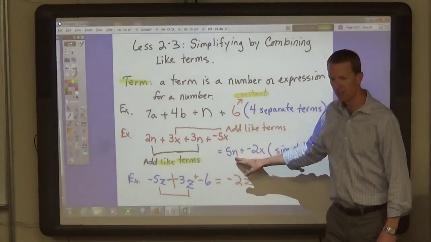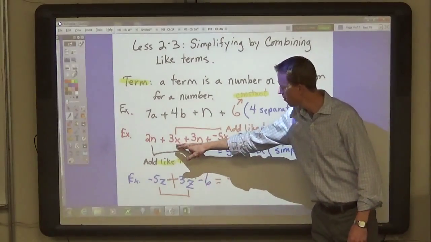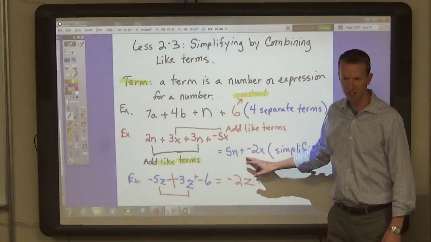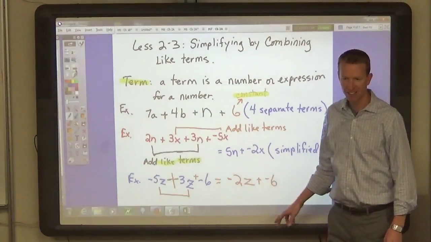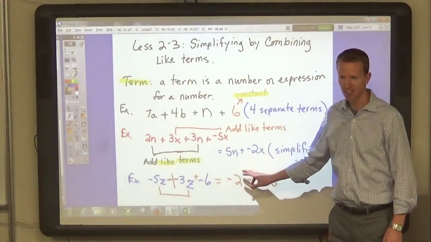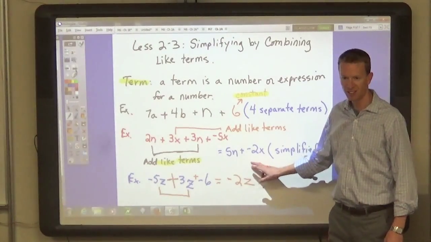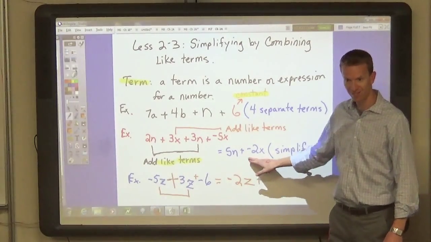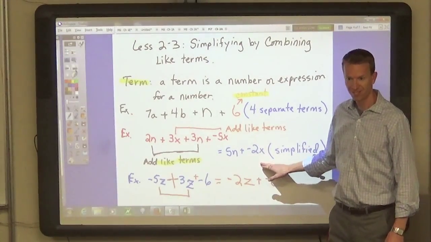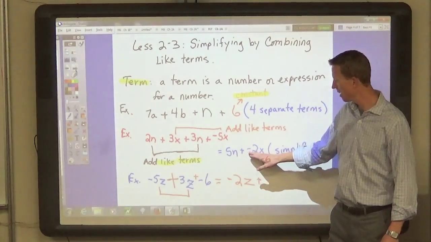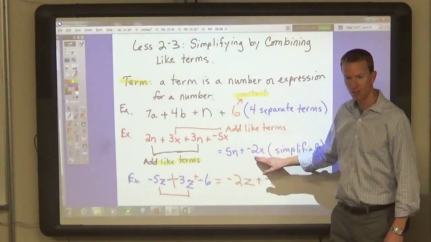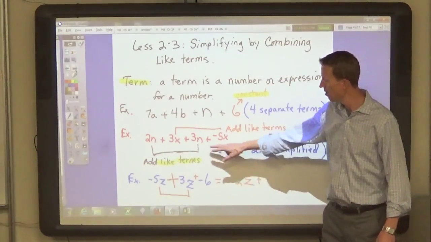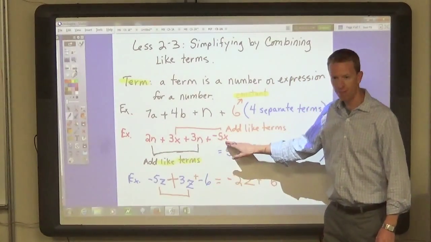And if you combine 3x and negative 5x, you'd have, Amelia? Negative 2x. 3x plus negative 5x.